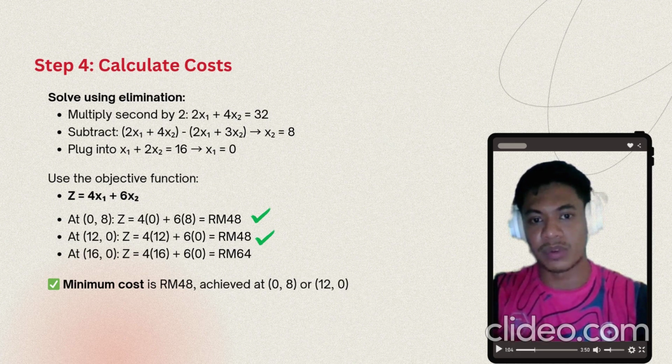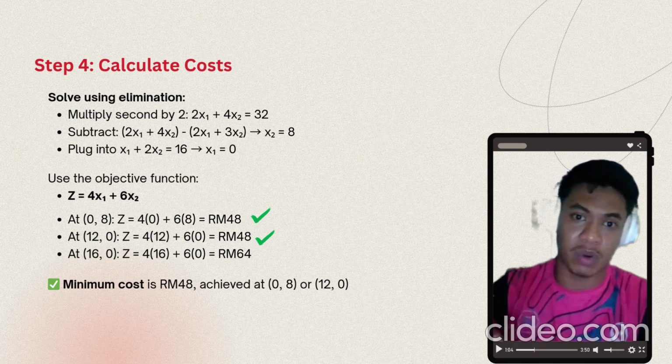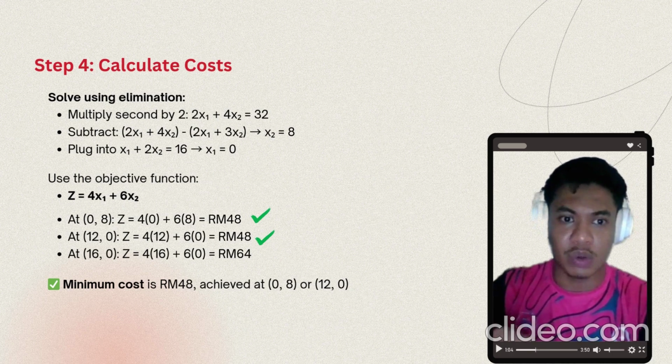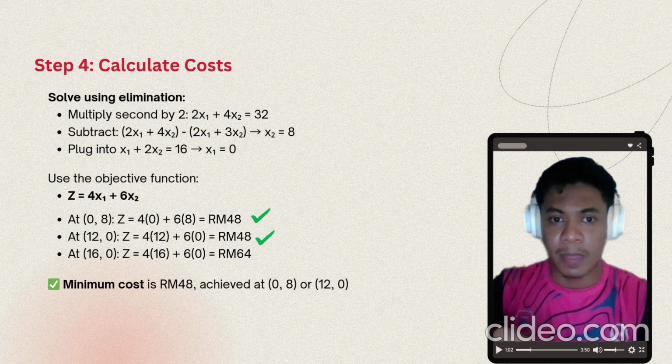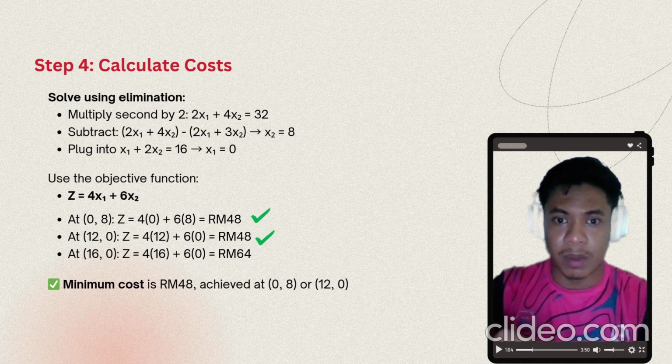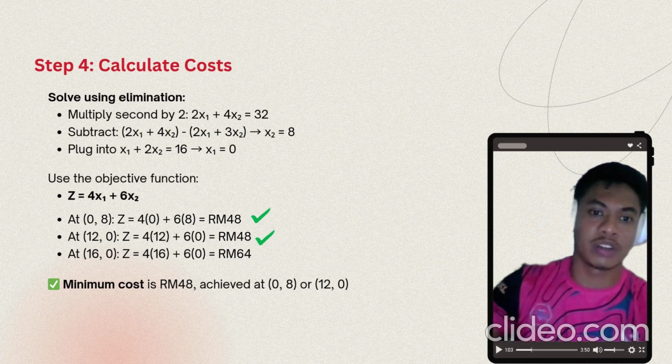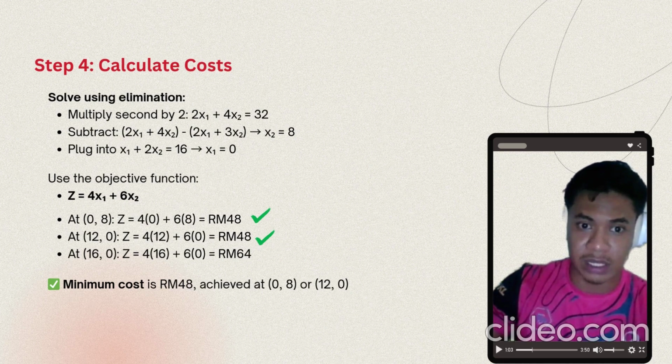It is achieved at both (0, 8) and (12, 0), indicating that the school canteen may prepare either lunch A or lunch B. But the goal is not only the cost, but also the nutritional goals at the lowest cost.